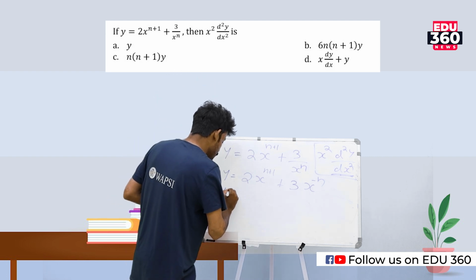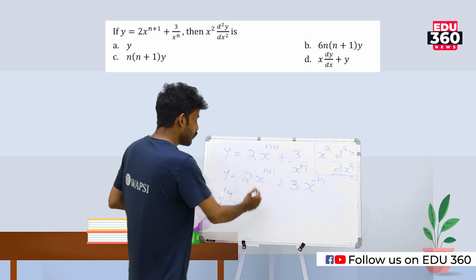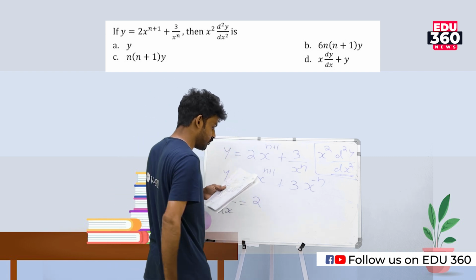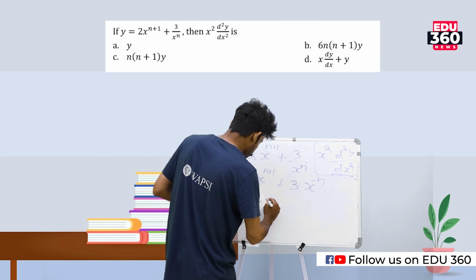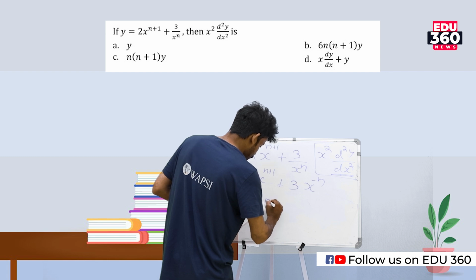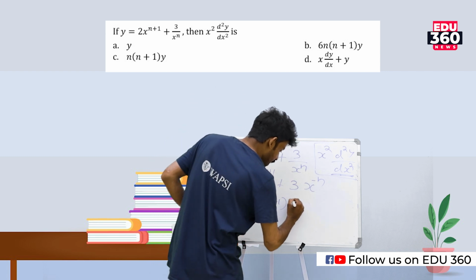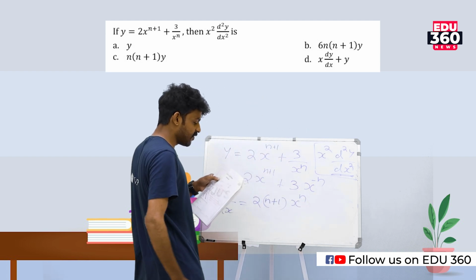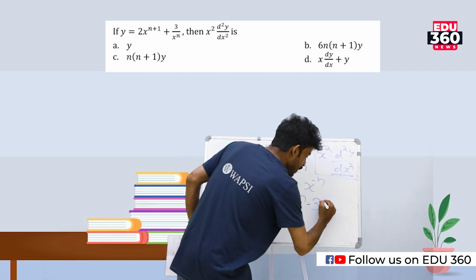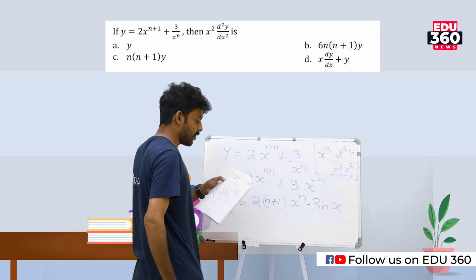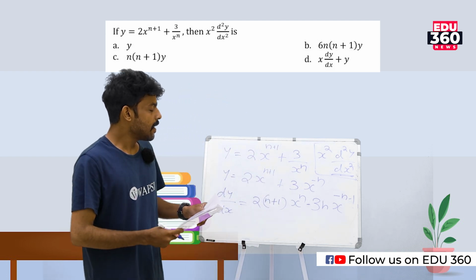So dy by dx is equal to 2 is constant, so 2 into n plus 1 into x raised to n, minus 3 into n, x raised to minus n minus 1.